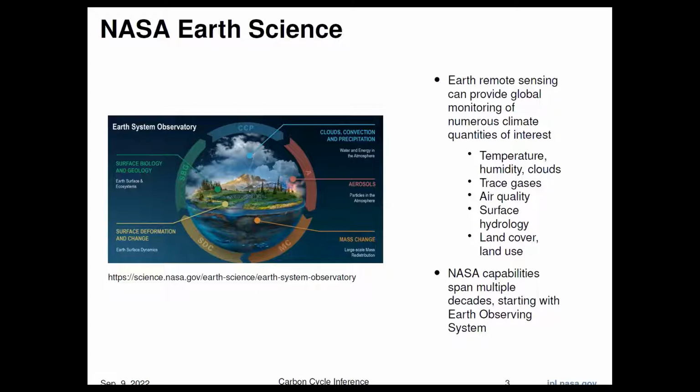We'll talk about greenhouse gases later on. Air quality, hydrology, as well as land cover and land use. And this now spans multiple decades. The initial substantial effort a couple of decades ago was something called the Earth Observing System. The new one is rearranging things a bit with a variation on that theme.